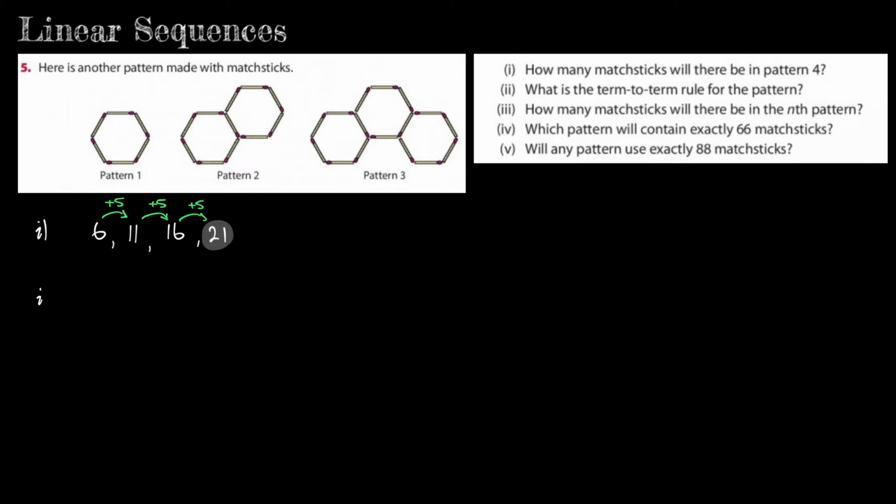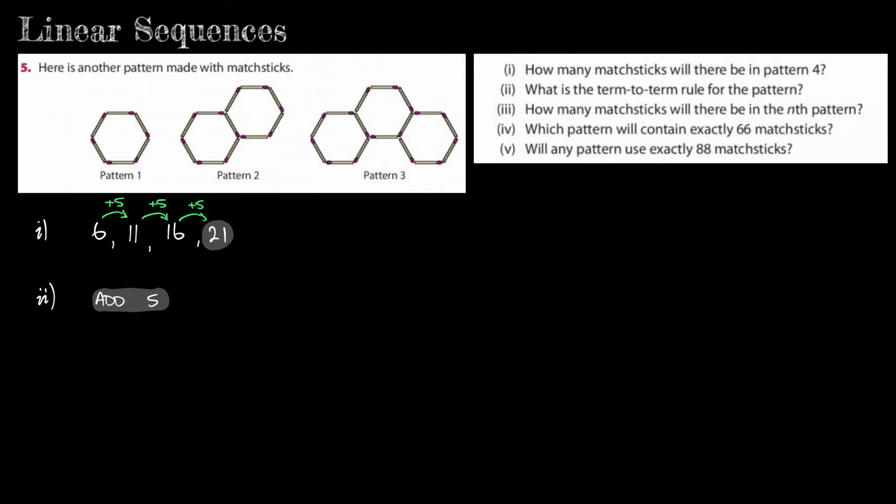Okay, part 2. Part 2 says, what is the term-to-term rule for the pattern? And the term-to-term rule is going to be add 5. And we know that that's obvious. Add 5. And you can see that because it's grown by 5 each time.